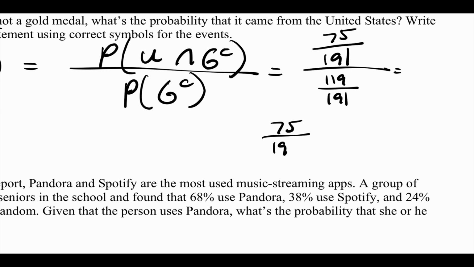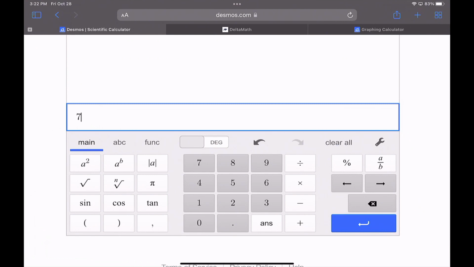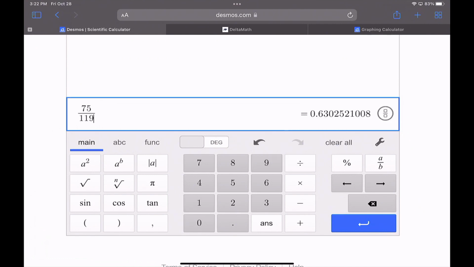Keep, change, flip. 75 over 119. That's 0.630.